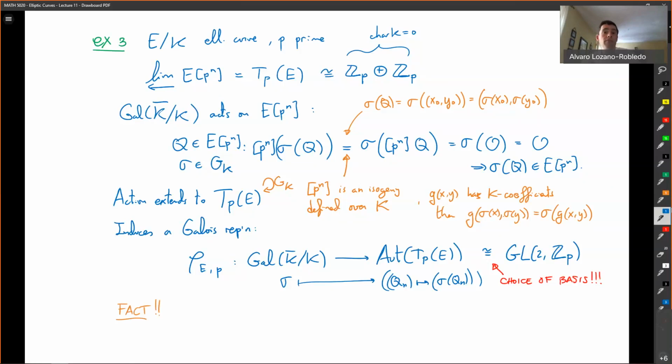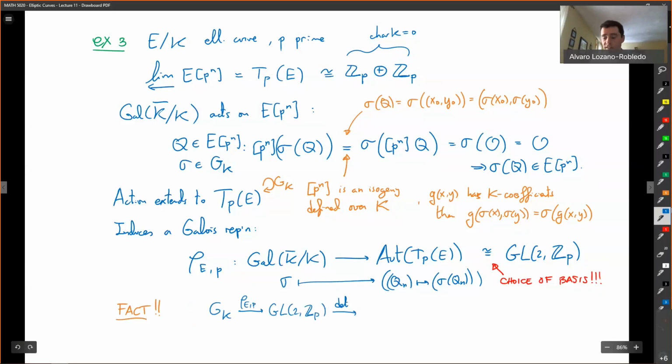If you have a representation from this Galois group to GL2 of the p-adics, the determinant will give me some map down to Z_p cross. So let me go from G_K to GL2 via rho E,p, and then I'm going to take the determinant.